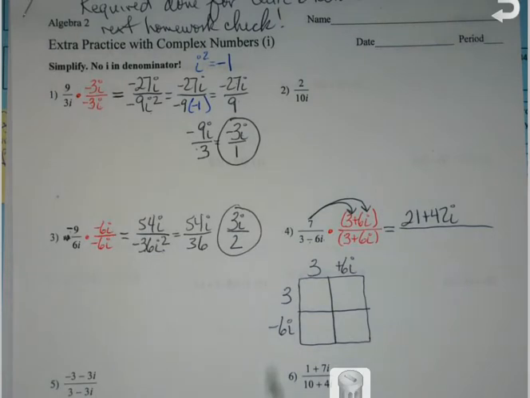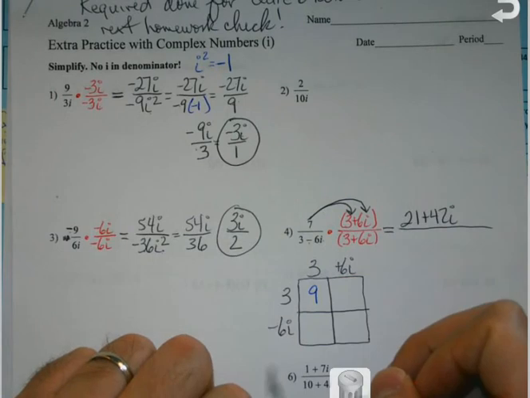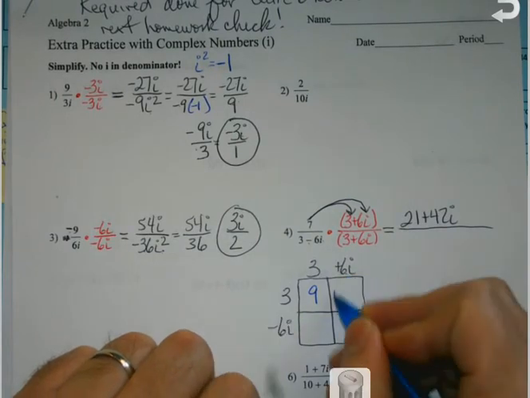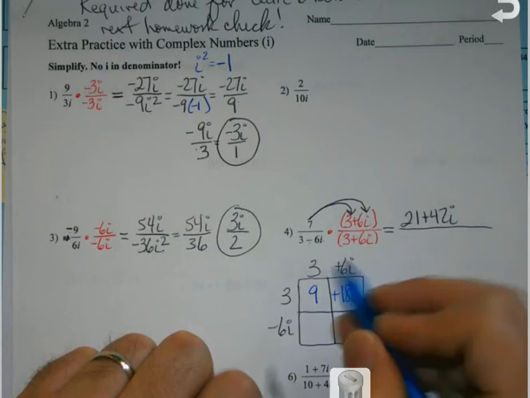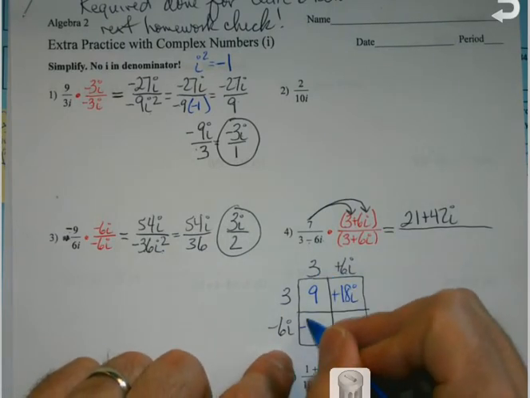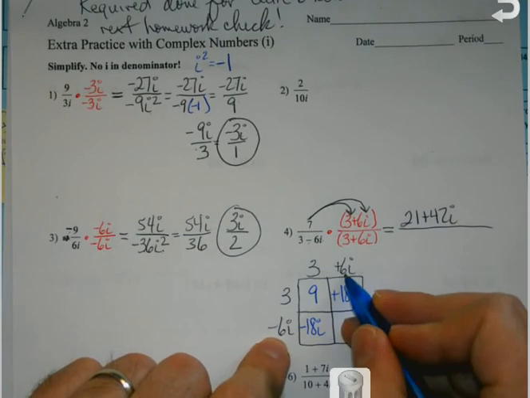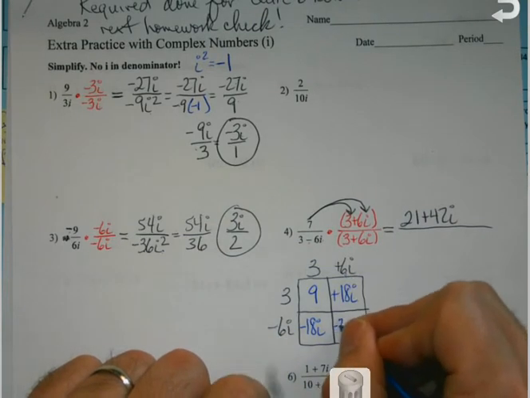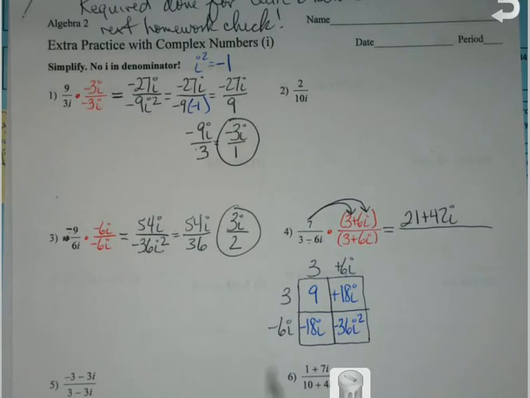And to fill it in, I multiply what's on the sides. 3 times 3 is 9. 3 times 6 would be 18i. 3 times negative 6 is negative 18i. And negative 6 times positive 6 is negative 36i squared.